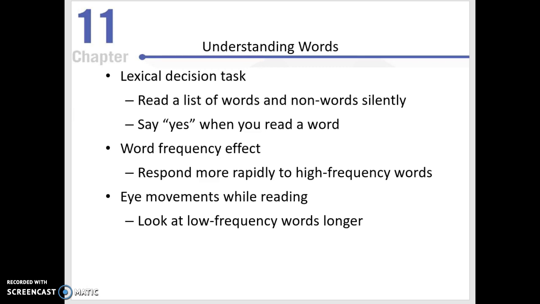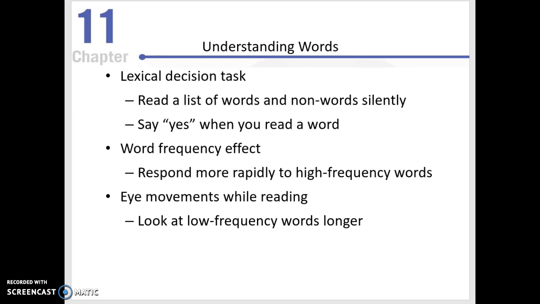So say you are looking at presented words on the screen, and the word butter continues to come up. The first time you see the word, it might take you a second to make the decision that it is a word and not a non-word. But then the more that you see that word appear, you're able to respond to it more quickly.